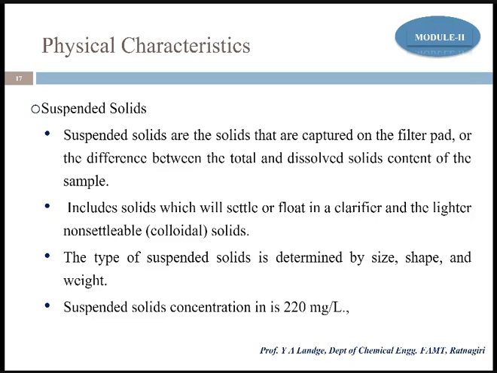Or for those suspended solids which are easily settleable, we can use a settling column, a clarifier or a thickener, which can settle down the settling particles. Okay, so these are the unit operations or processes that we use to separate things. For that we definitely need to know the physical characteristics. Same thing for turbidity: if this is the turbidity, then we can say which unit operations I need to use.